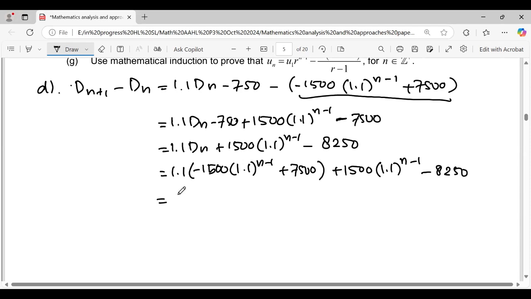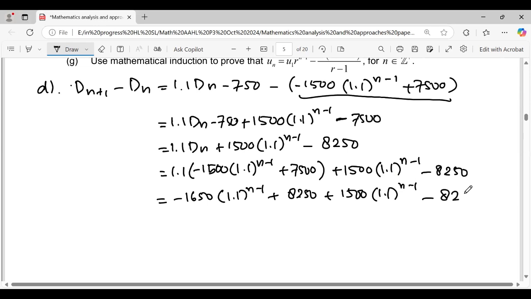If we multiply, it becomes minus 1,650 times 1.1 to the power n minus 1, plus 8,250, minus 8,250 and 1,500 times 1.1 to the power n minus 1, minus 8,250 and that gives 0.